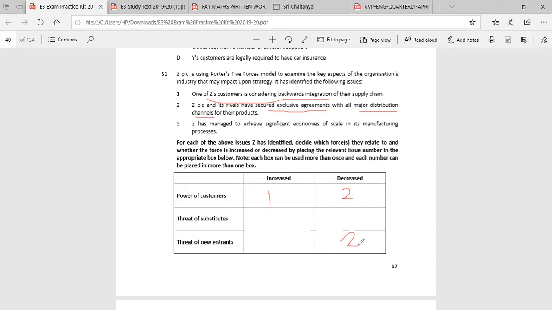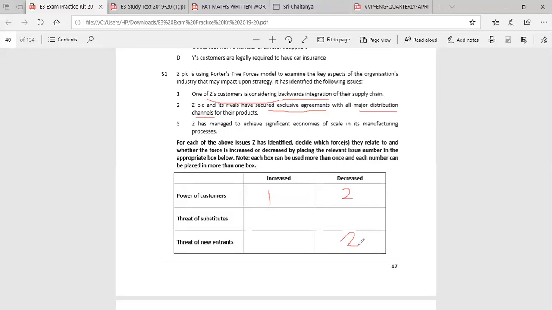Z has managed to achieve significant economies of scale in its manufacturing processes. Economies of scale. What does it say? It says that when the scale of operation increases, or when production happens on a large scale, the cost of production reduces.